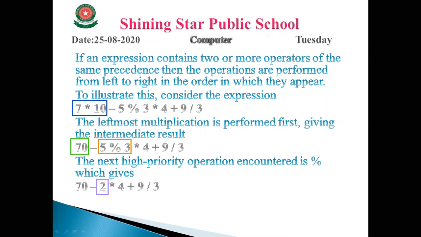Now 70 minus 2 multiply 4 plus 9 divided by 3.